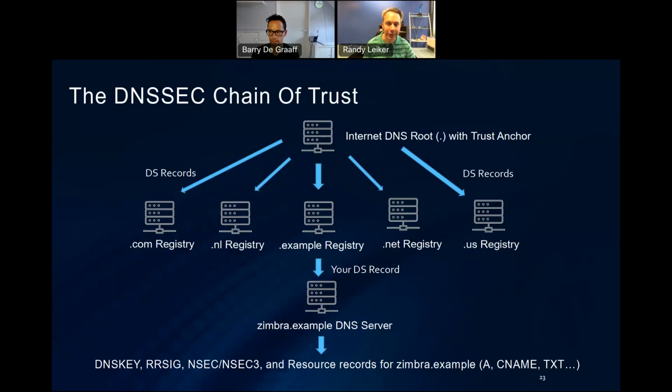But consider this. What if you had DNSSEC set up for Zimbra.example on your DNS server, but had failed to add the DS record to your domain registrar? Well, in that case, nothing too bad would happen. It would essentially mean that even though you have DNSSEC on your domain names, none of the outside clients on the internet are going to acknowledge this.